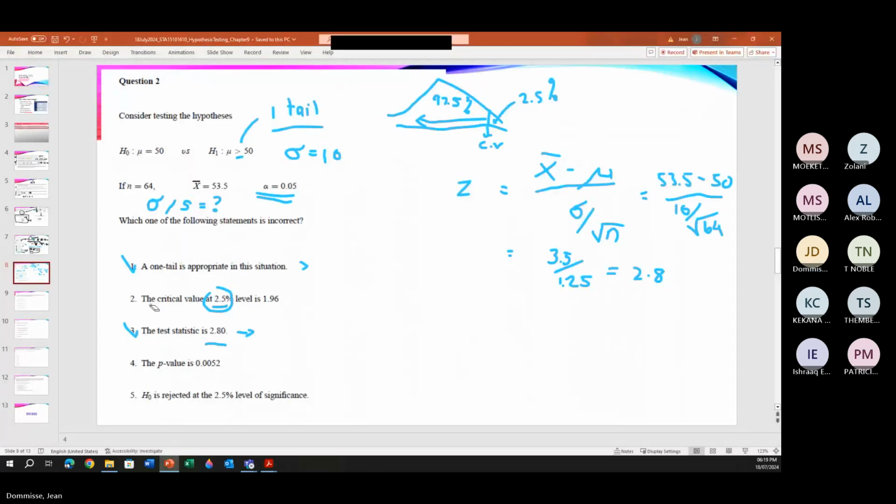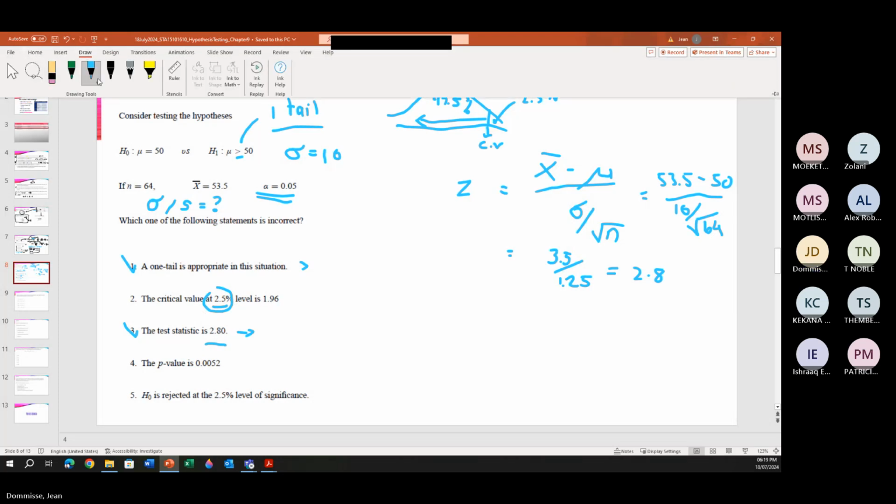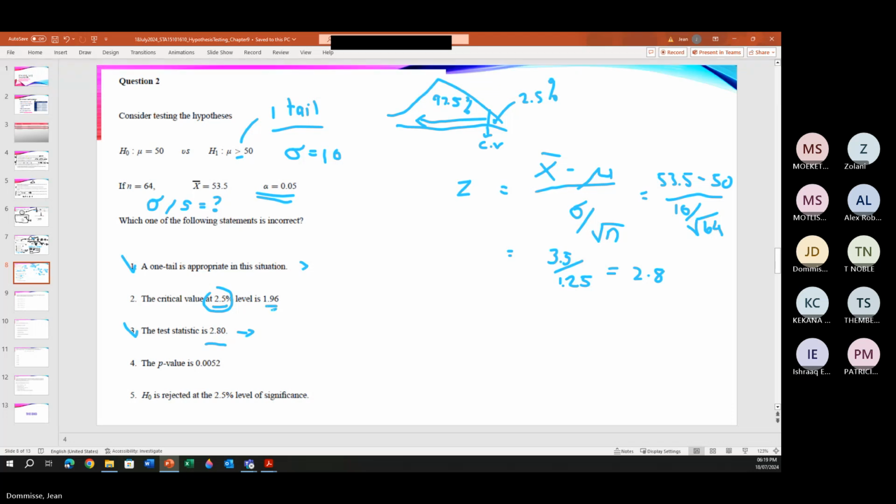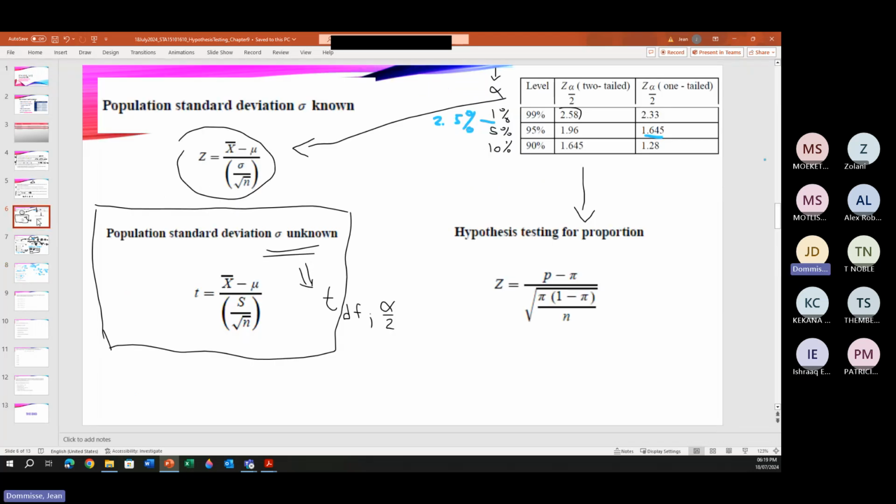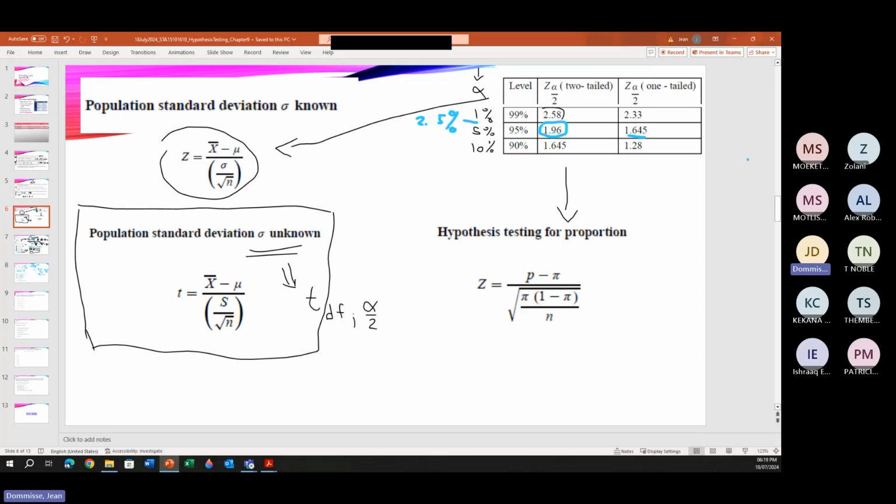So the critical value at 2.5 is 1.96, which is correct. But now I want to show you again where it is as 1.96.